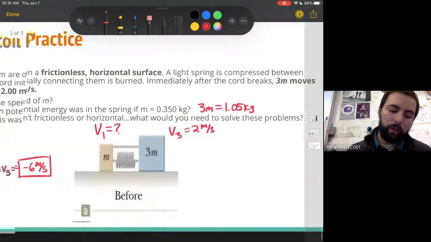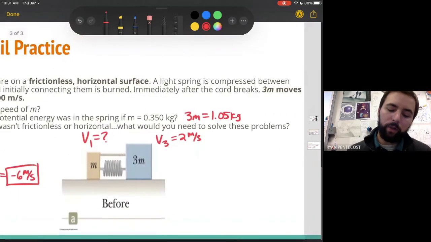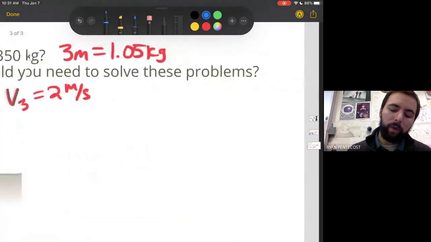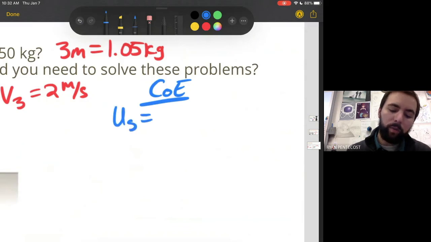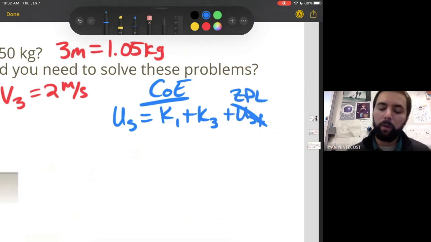And now it wants to know the potential energy in the spring. What we can do is a COE, a conservation of energy. Let's say it starts with the spring potential and ends with kinetic energies, and then the spring at the end is at its zero potential level. The spring no longer has potential energy to move the system.